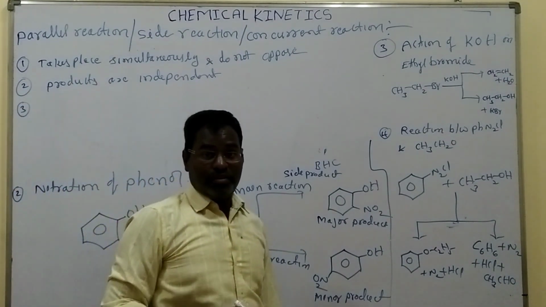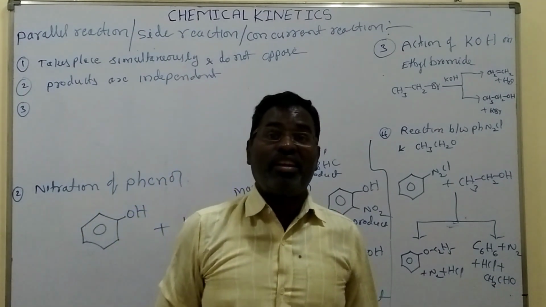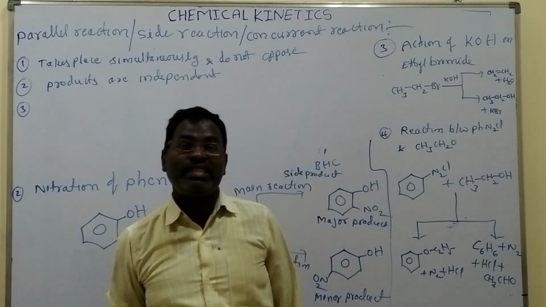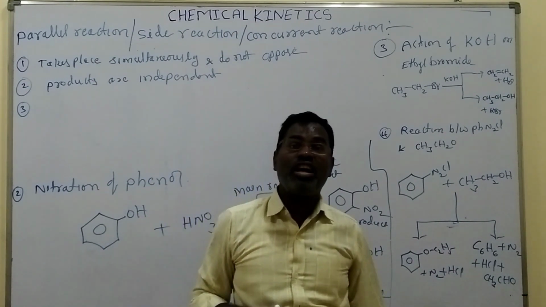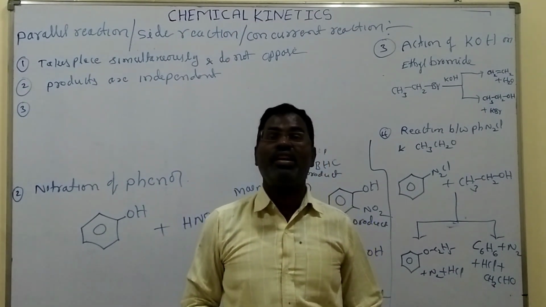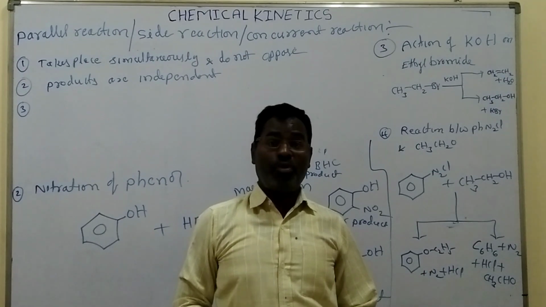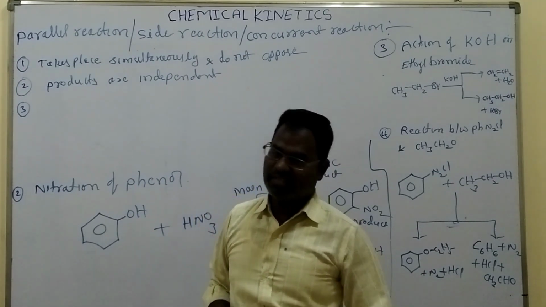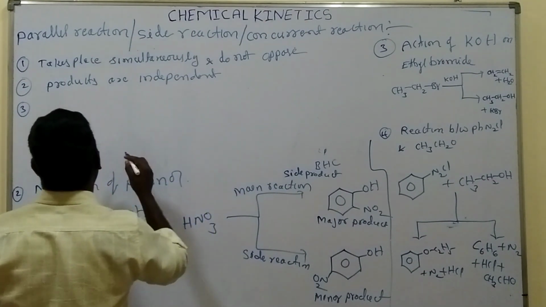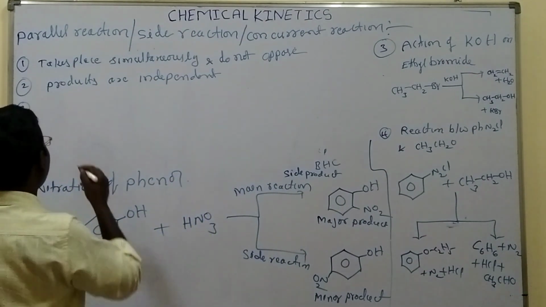And the third one: if we plot a graph between the concentration and time, it is seen that the concentration of the reactant gradually decreases, whereas the products gradually increase like in other reactions. So now we have to plot the graph between concentration and time.